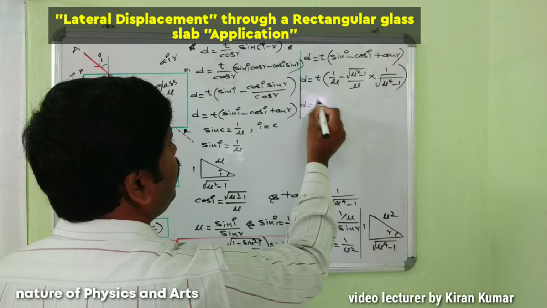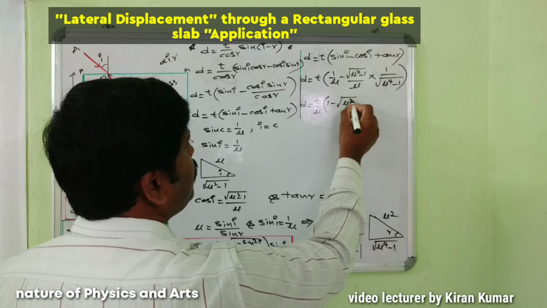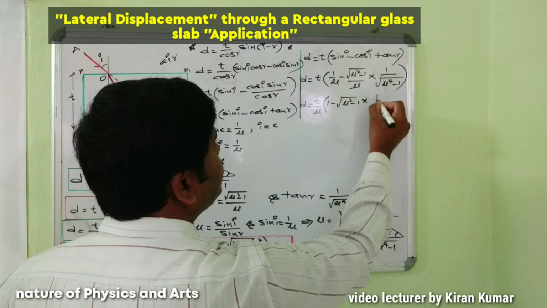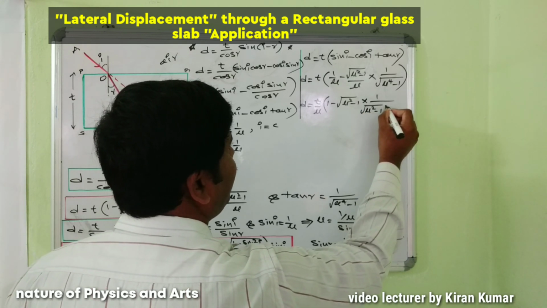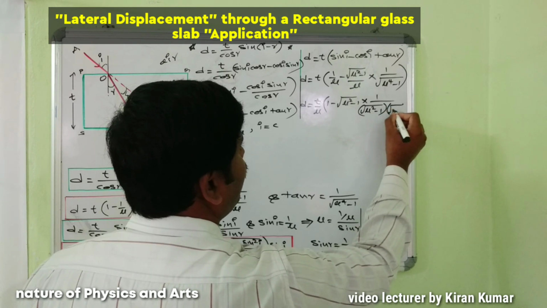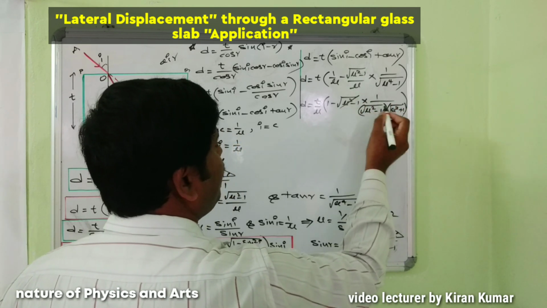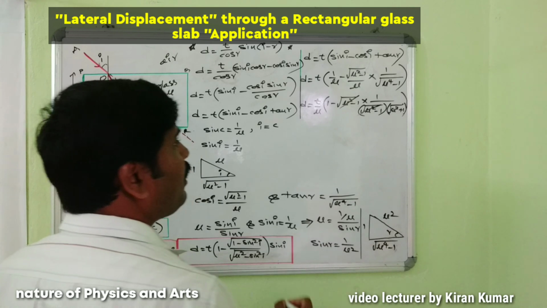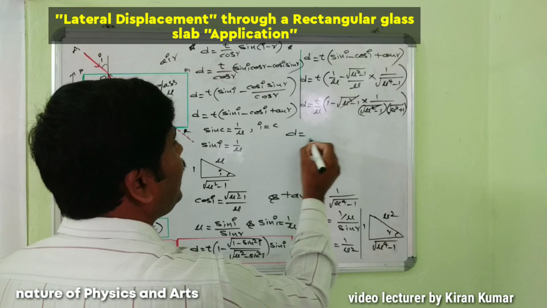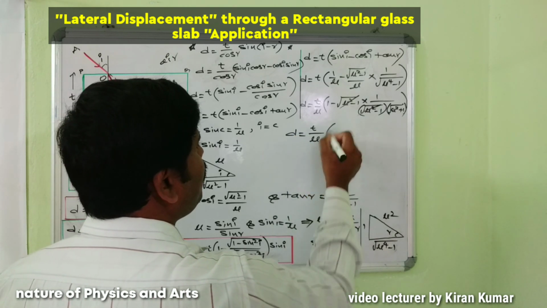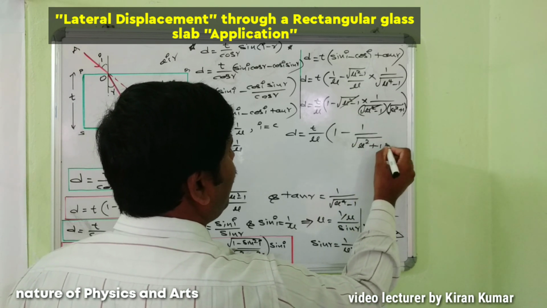Now d is equal to t divided by mu into (1 minus root over mu square minus 1), rearranging the denominator, that is equal to root over mu square minus 1 into root over mu square plus 1. So the root over mu square minus 1 in numerator and denominator gets cancelled. Then the resultant equation is d equal to t divided by mu into (1 minus 1 divided by root over mu square plus 1).